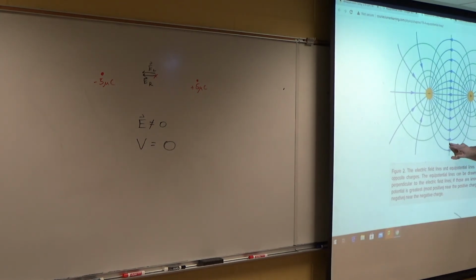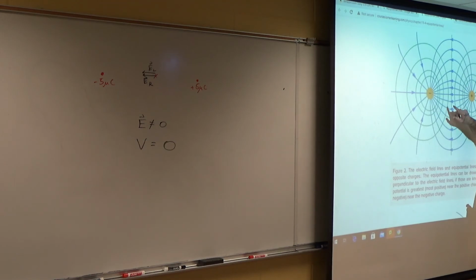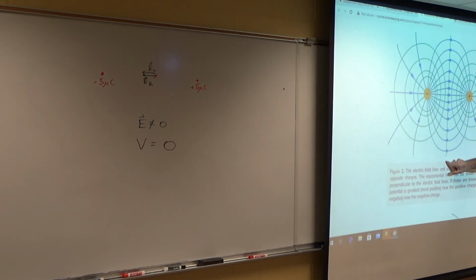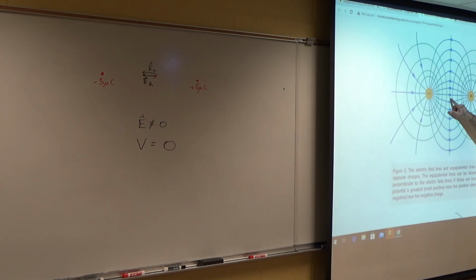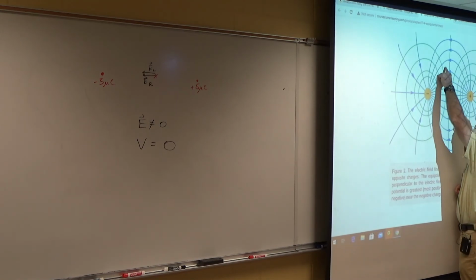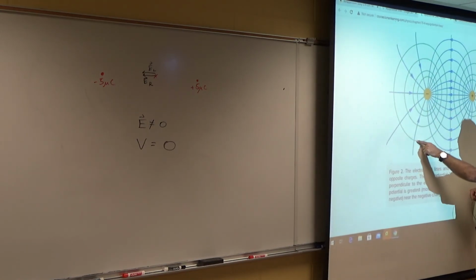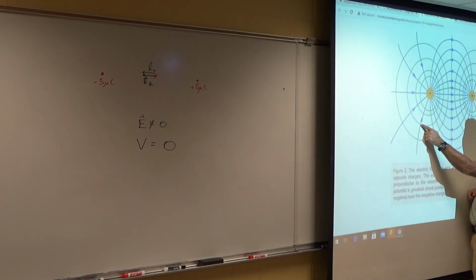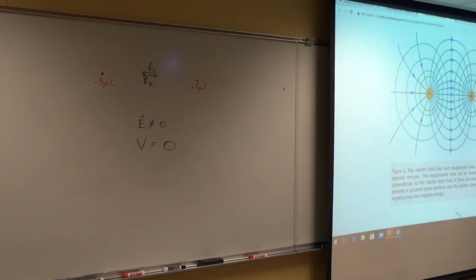This is the zero potential, just like I talked about over there. That's a line where the potential is zero all along that line. If you're moving at a right angle to the field, you're not changing potential. So these are right angles to the field, and the potential is not changing. But as you move along the field lines, the potential is changing.